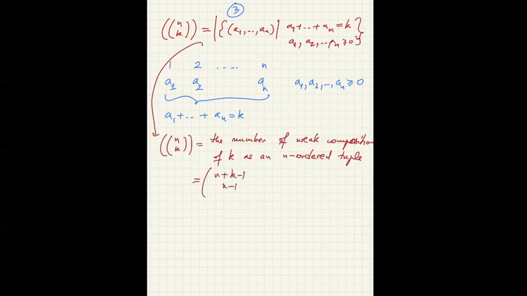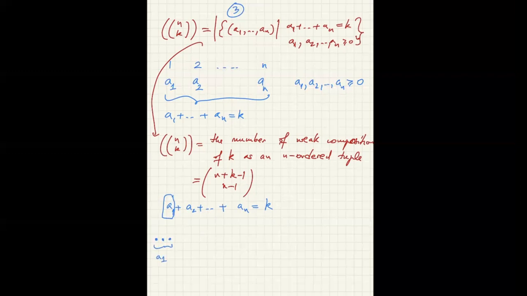choose n minus 1. If you forget the formula for this problem, as it can happen, one way to remember it is the following. You can think about when we're counting the solutions a1 plus a2 plus ... plus an equals k. So think about a1 as being a set of a1 dots. So this is a1.